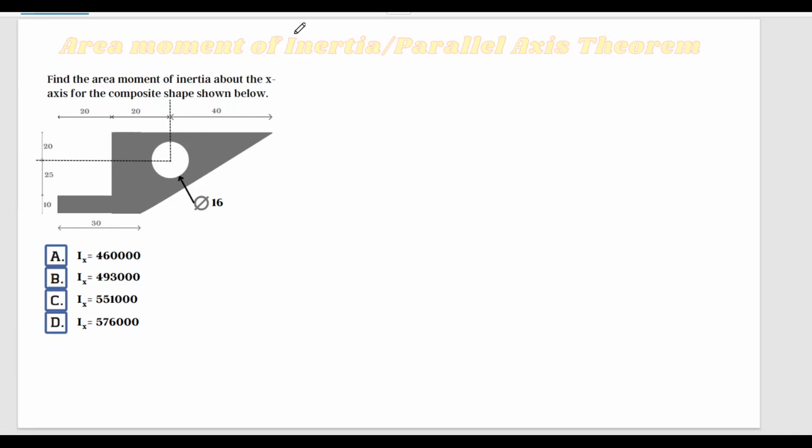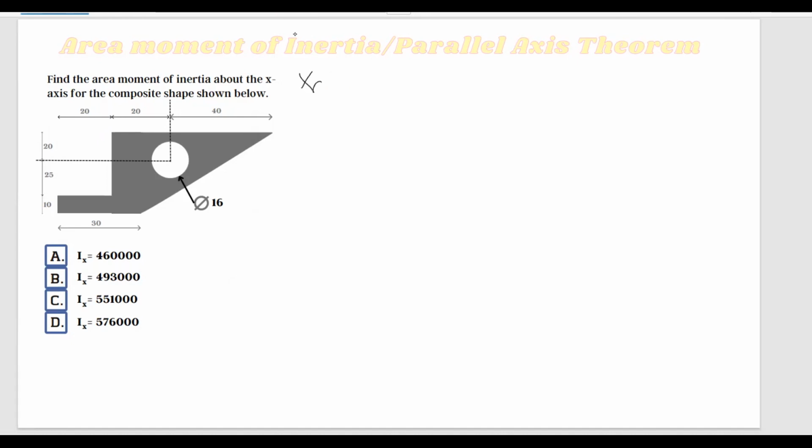And whenever you have to calculate the area moment of inertia for a composite shape, you have to start by calculating the centroid of that composite shape. And we don't have to do that because we have done that in previous problems. So I'm just going to write the centroid of this composite shape from what we have previously calculated.